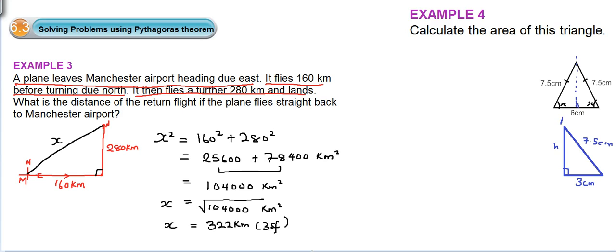So let's label this A, midpoint, and C. You can see straight away this is Pythagoras as well for finding the shorter side.